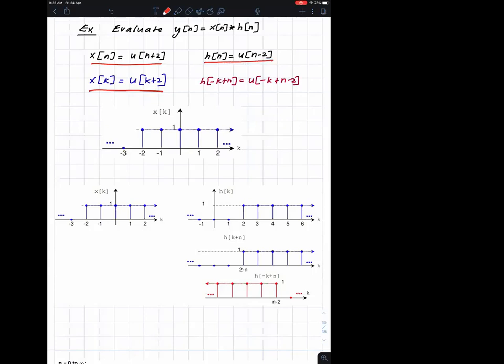In this signal, you replace n with n minus k, or same as minus k plus n. So in one signal, you just change the variable. You just let n equal k. But in the other signal, you let n equal n minus k.